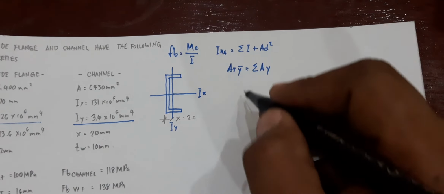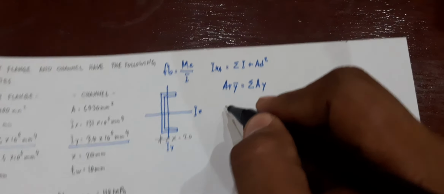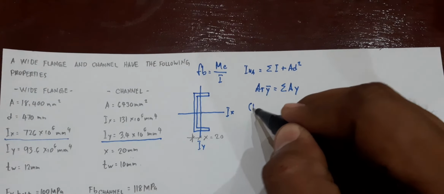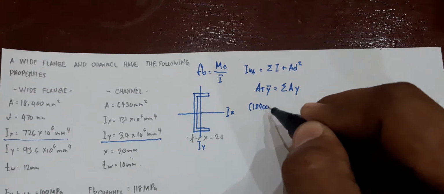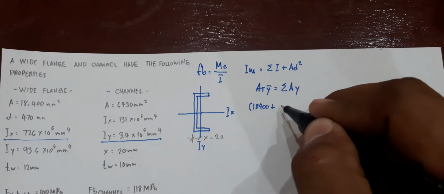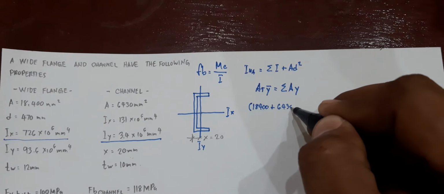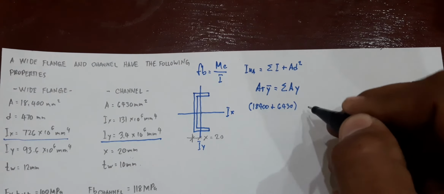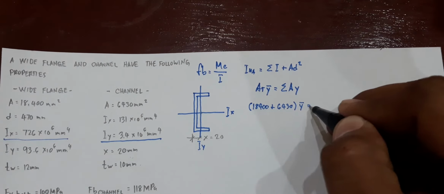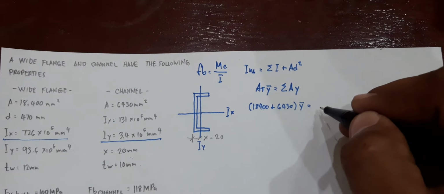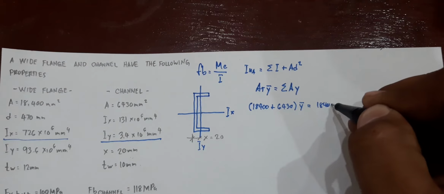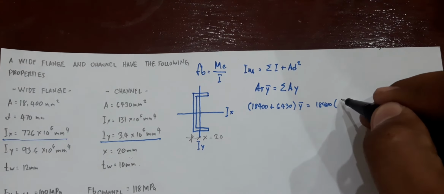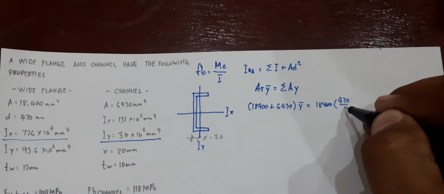So the total area would simply be equal to 18,400, that's the area for the wide flange, plus 6,430 area for your channel, times barred Y, equal to, beginning with the wide flange, 18,400 times Y. Y for the wide flange is 470 over 2.